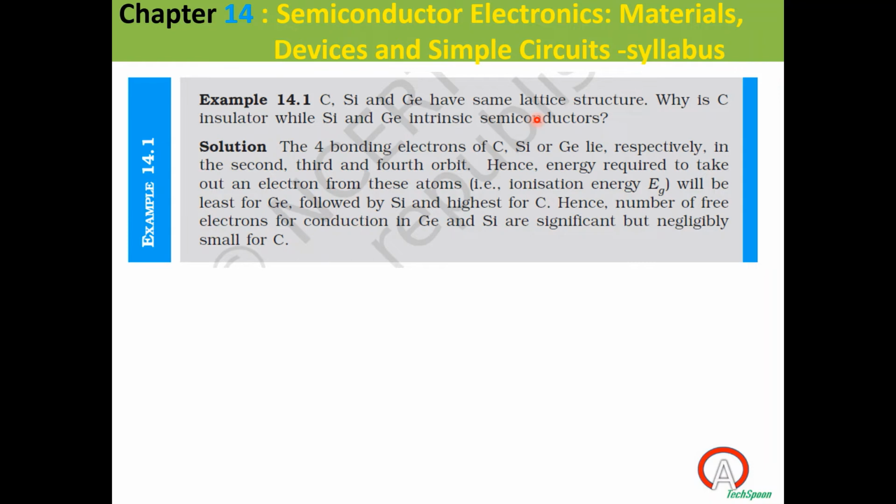But in silicon and germanium, since the valence electrons are in the third orbit, the force towards the nucleus is very little when compared to carbon. So the valence electrons can be easily excited, but in carbon it is not that easy. That's why carbon is an insulator. Silicon and germanium are what? Semiconductors. Clear?